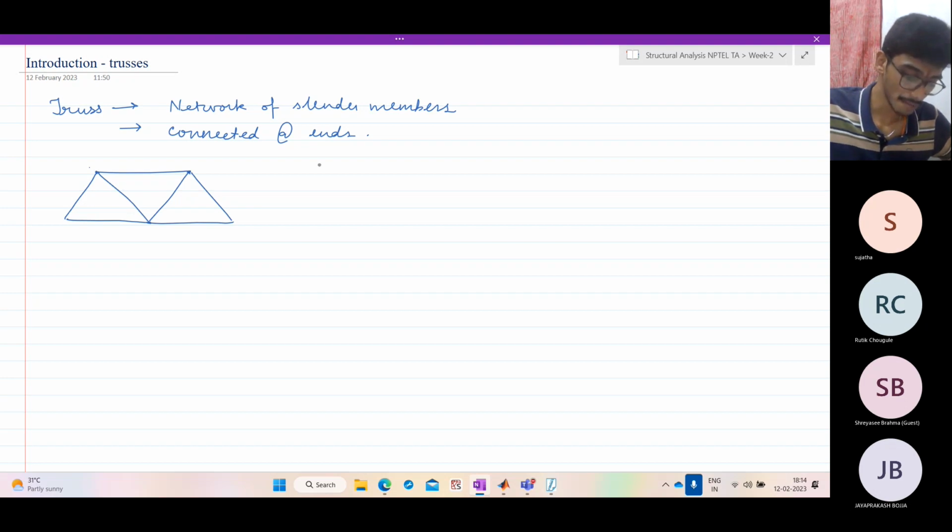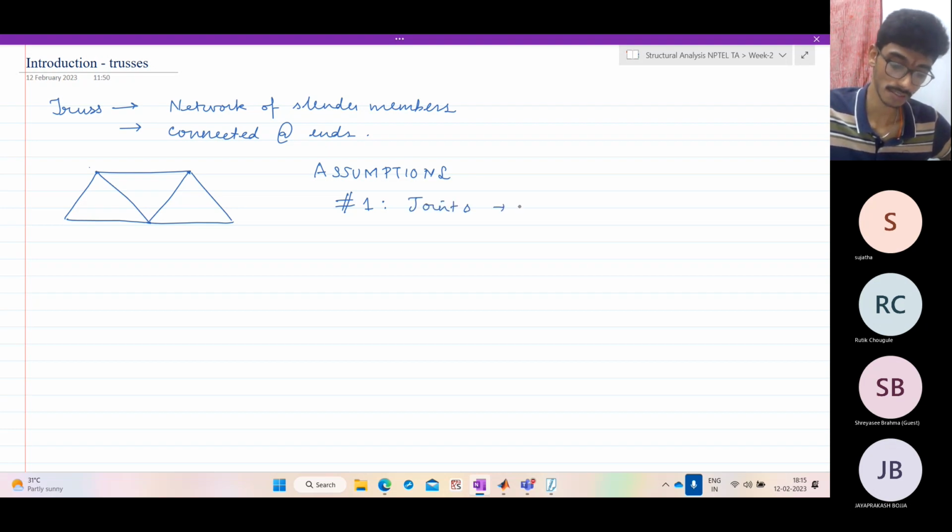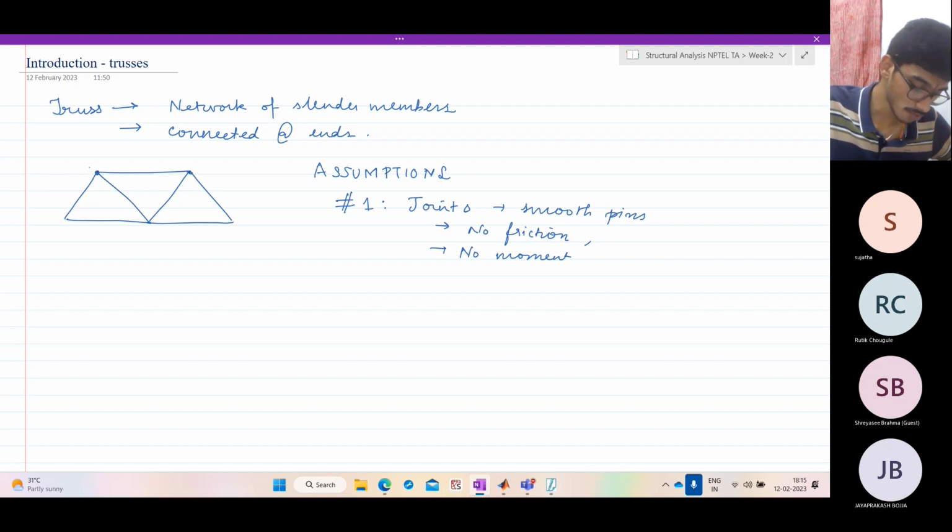And then, what are the assumptions involved? This is very important for a truss. The first assumption is that joints are smooth pins. By that we mean that there's no friction and they don't transmit any moment.